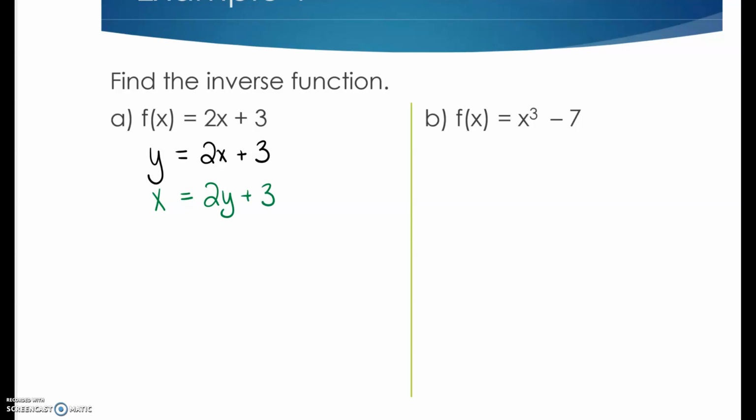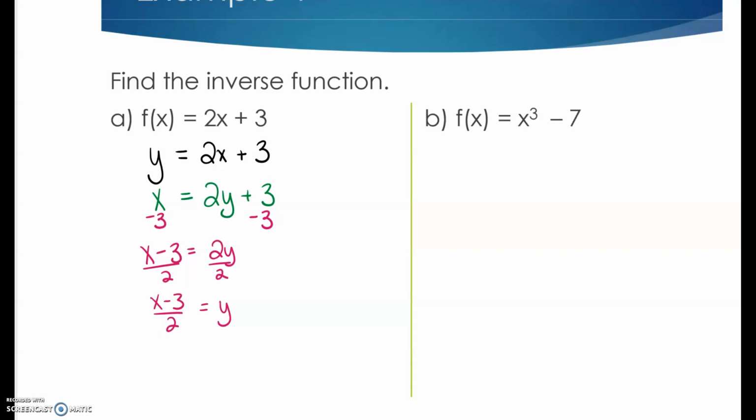Now we need to get y by itself. So I am going to solve this as I would any other equation. Getting y by itself, we're going to start by subtracting 3. So we've got x minus 3 equals 2y. And then we'll divide everything by 2. So we have y equals x minus 3 over 2.